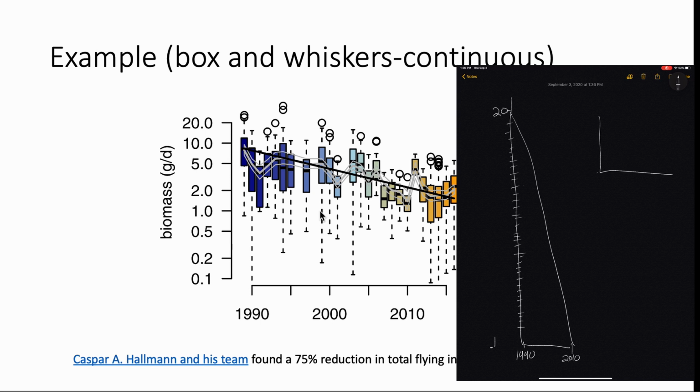So now we can have 0.1 and 20 right here. You have to know that the axis has been log transformed, and you can fit more information on a smaller scale. But a negative thing is that the line, these data, don't look as drastic. Because it's been log transformed, the line doesn't look as negative as what these data actually depict.